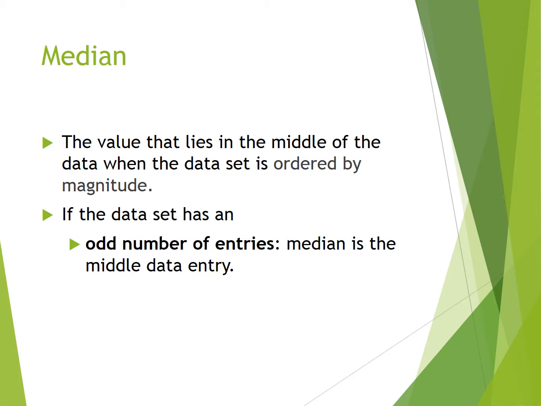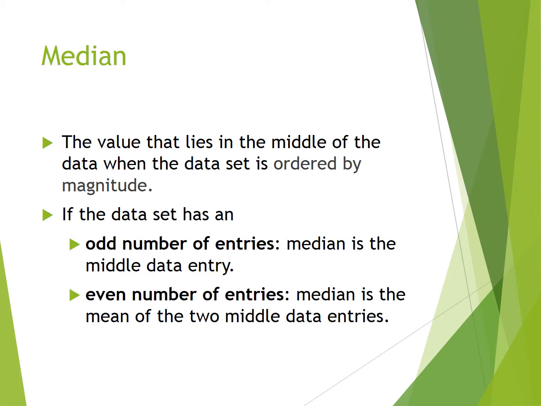For example, if you had 5 data values and you order them from smallest to largest, the third value would be the middle value, such that 2 values were smaller and 2 values were larger. But if you had an even number of entries, then the median is the average of the 2 middle values. For example, if you had 10 values, then you would average the 5th and the 6th value in the ordered data set. So you'd add the 5th value plus the 6th value divided by 2, and that would be the median if you had an even number of entries.